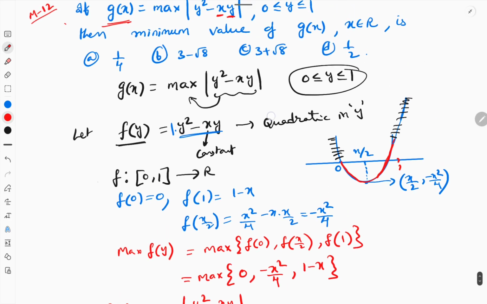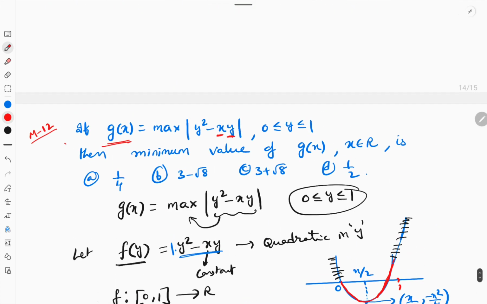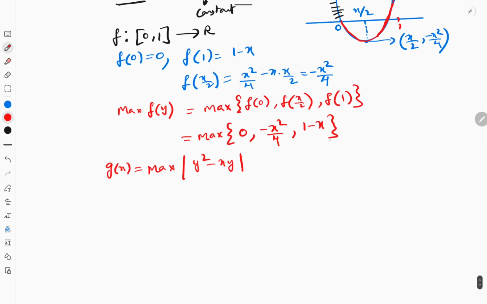It is given with modulus for g, so we need to take the modulus of these values. So you'll be getting the maximum of 0, modulus of minus x square by 4, and modulus of 1 minus x. Out of these three, whichever is maximum has to be considered for g of x.